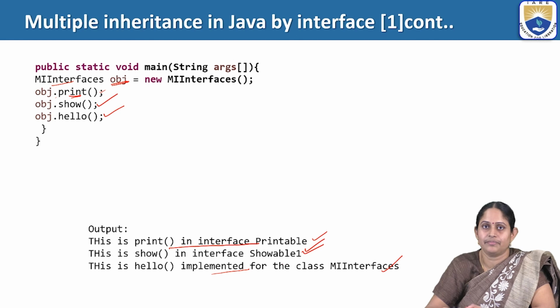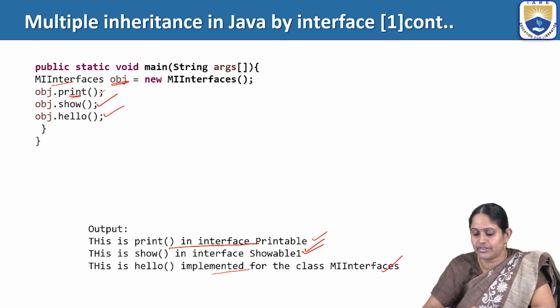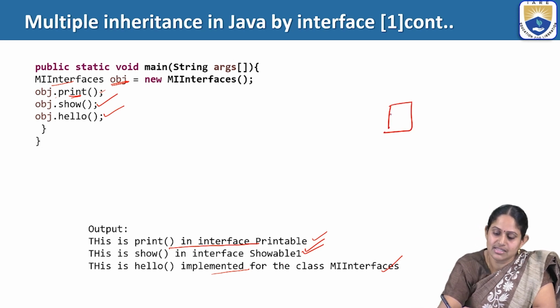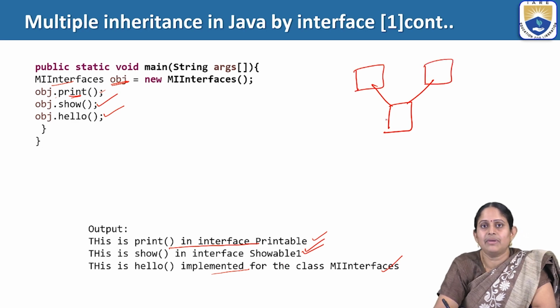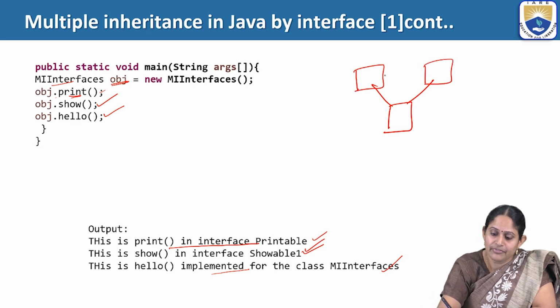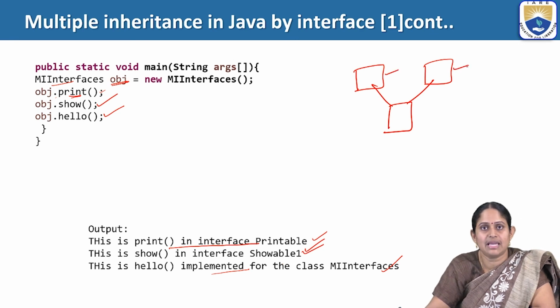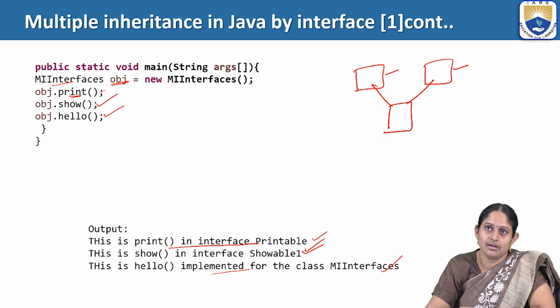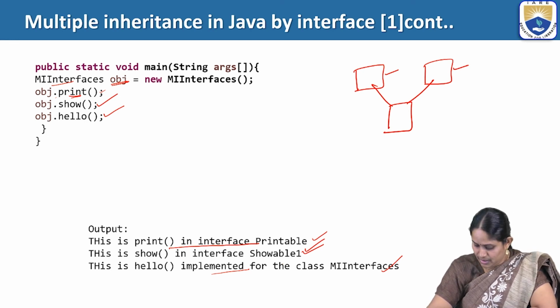If one class is inheriting more than one class, then there can be an ambiguity issue if these parent classes have methods with the same name. That name conflict and ambiguity is resolved using interfaces in Java.